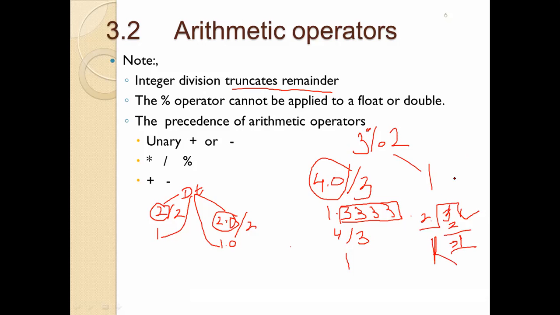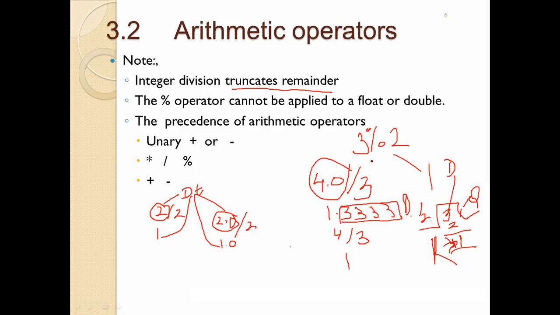This is called the dividend. This is called the divisor. And this is called the quotient. Okay. Dividend, divisor, quotient, and this is the remainder.